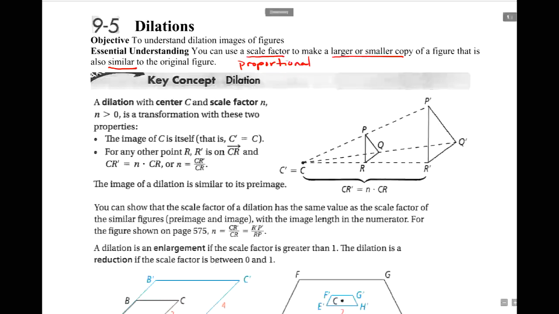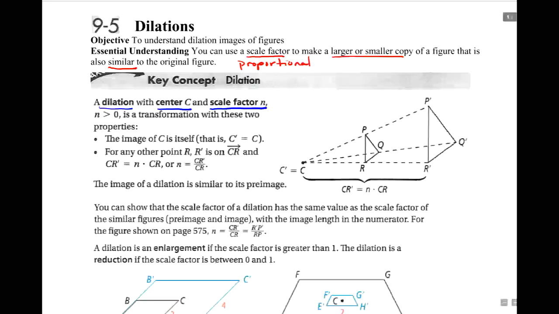All right, let's see. A dilation with center C, okay, that we recognize, and scale factor n, so n is our scale factor, where n is greater than 0. None of our dilations are going to have negative scale factors. Okay, it has two properties.